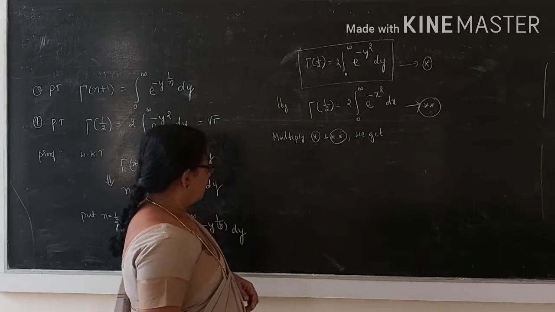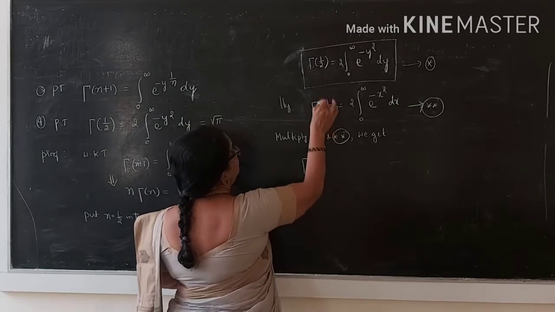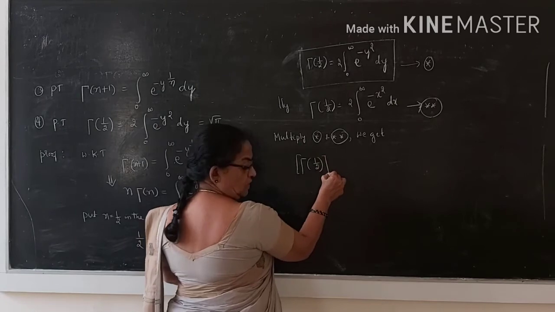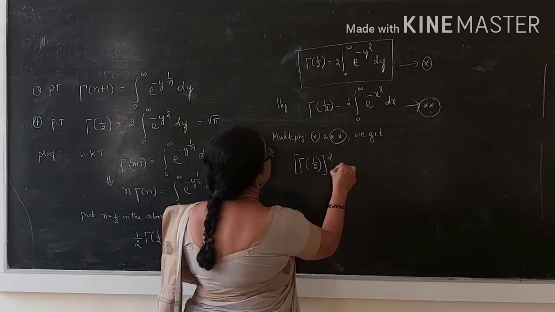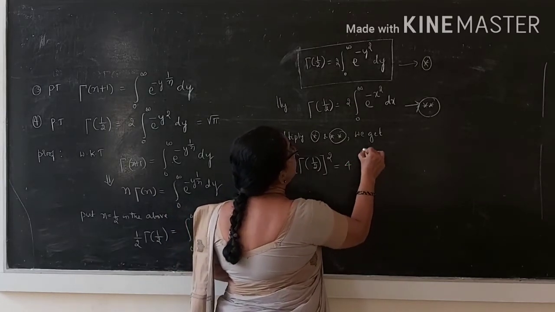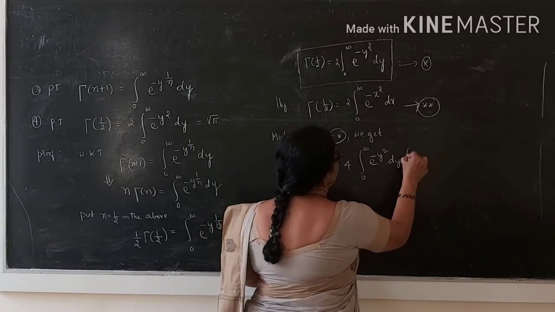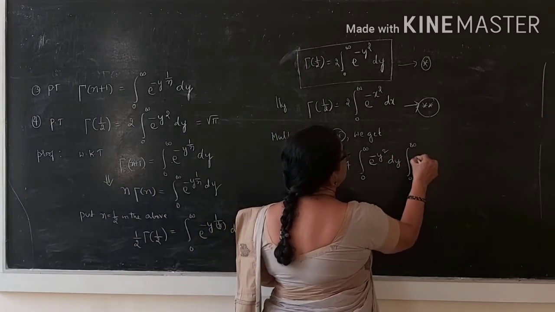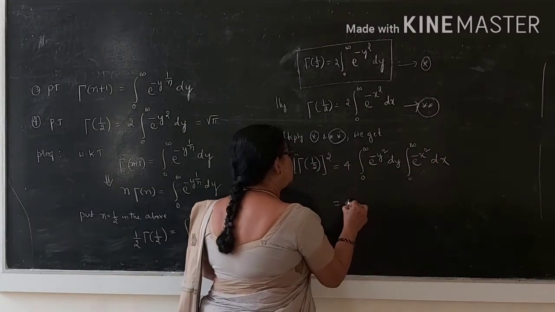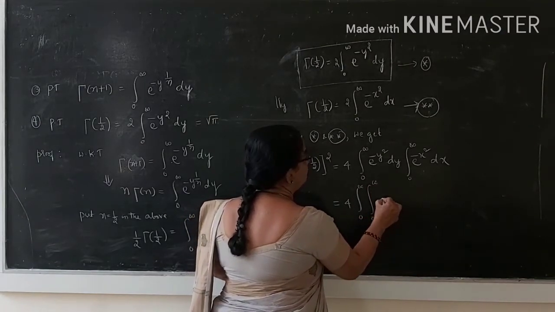Is it okay? Now this is equal to gamma of 1 by 2 into gamma of 1 by 2. Therefore, I write this as gamma of 1 by 2 whole square, which is equal to 2 into 2 is going to be 4. It is integral 0 to infinity e power minus y square dy, integral 0 to infinity e power minus x square dx, which is equal to 4 times integral 0 to infinity, integral 0 to infinity.